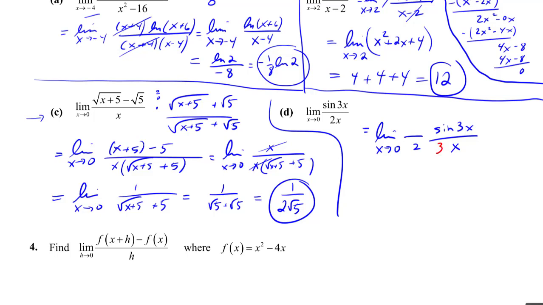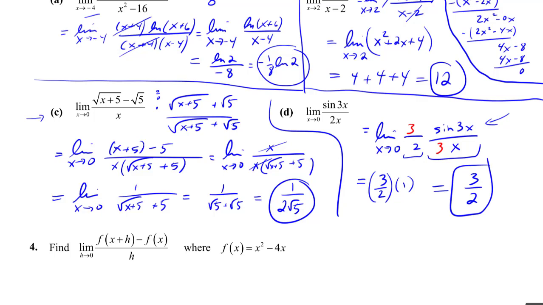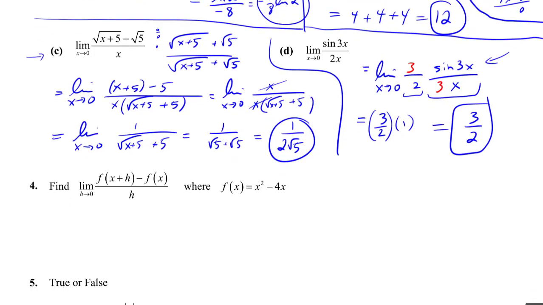So I'm going to put a 3 in there and a 3 up there. That's 1. Once I do that, I have the limit of a constant times the special limit that I know. The limit of the constant is 3/2 itself, and the limit of this special limit is 1, because it's the limit as x approaches 0 of sine 3x over 3x. End result, 3/2.